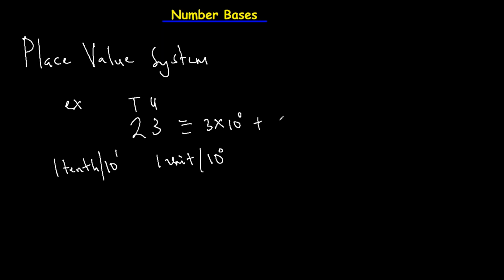So plus 2 times 10 raised to the power 1, which is equal to 3 plus 20, which will still give us back the number 23. As we can see, the numerical value of each digit makes up the number.